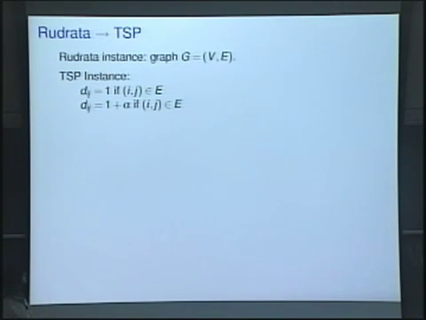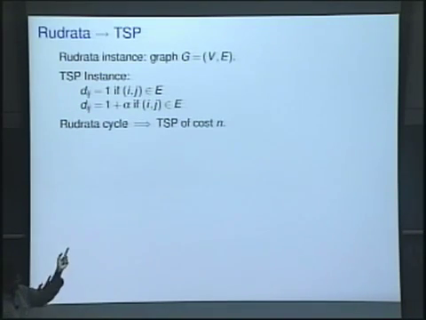Okay, so Rudrata cycle: if there is a cycle that visits every node exactly once, there should be a TSP tour of cost n, right? Use n edges. If not, then you're going to have to visit a node more than once to visit every city, or you'll have to use one of these non-edges.